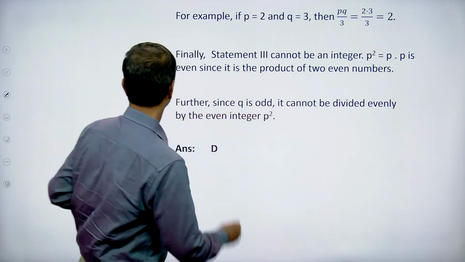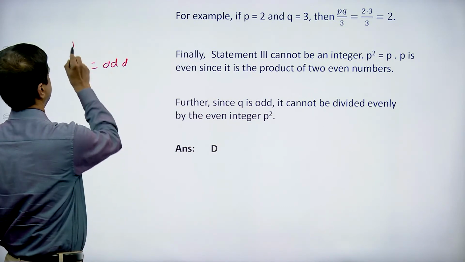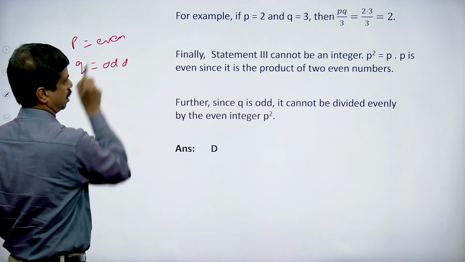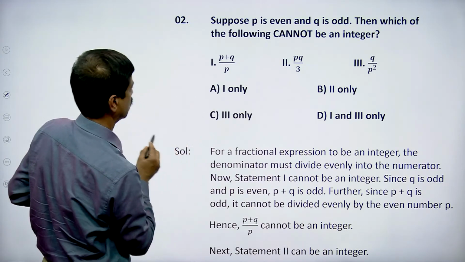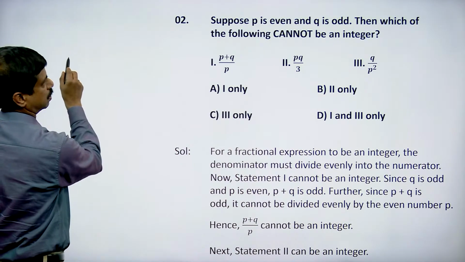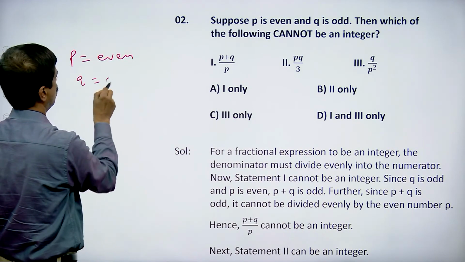Q is odd, P is even. Now what did he ask you? Third option, Q by P square, where P is even, Q is odd.